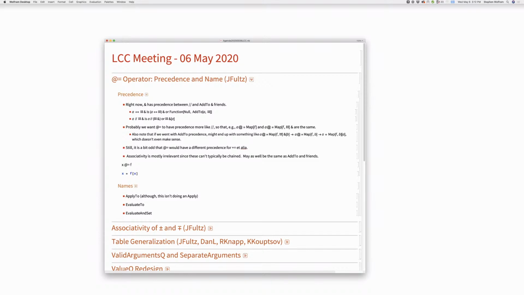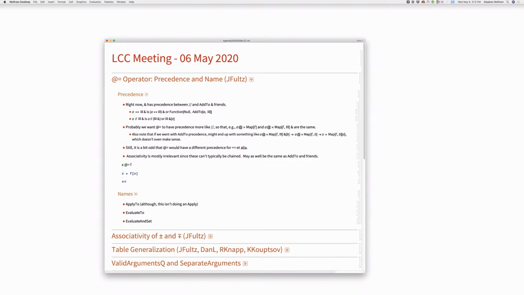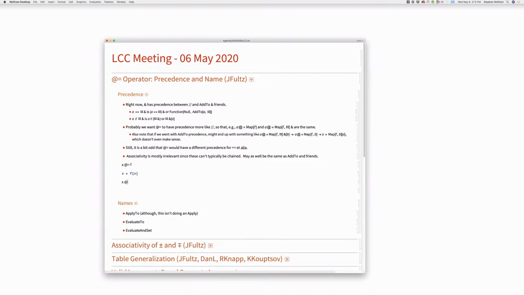In my case, I might very well have used it just in the single case, because it helps prevent the levels of nesting that make code unreadable. If you're applying a series of transformations, you can put them all nested in square brackets and it becomes very difficult to read, or you can have a series of lines: x at-equals first transformation, x at-equals second transformation.